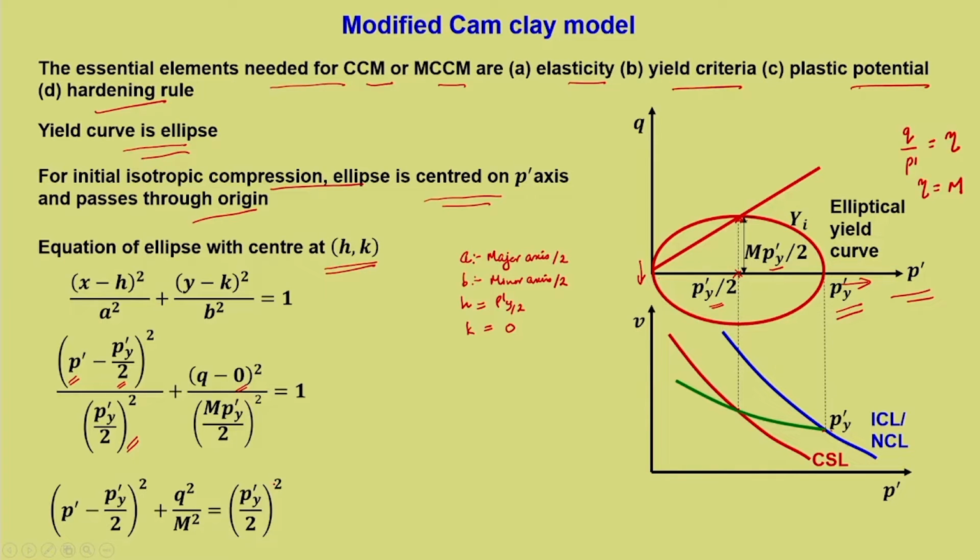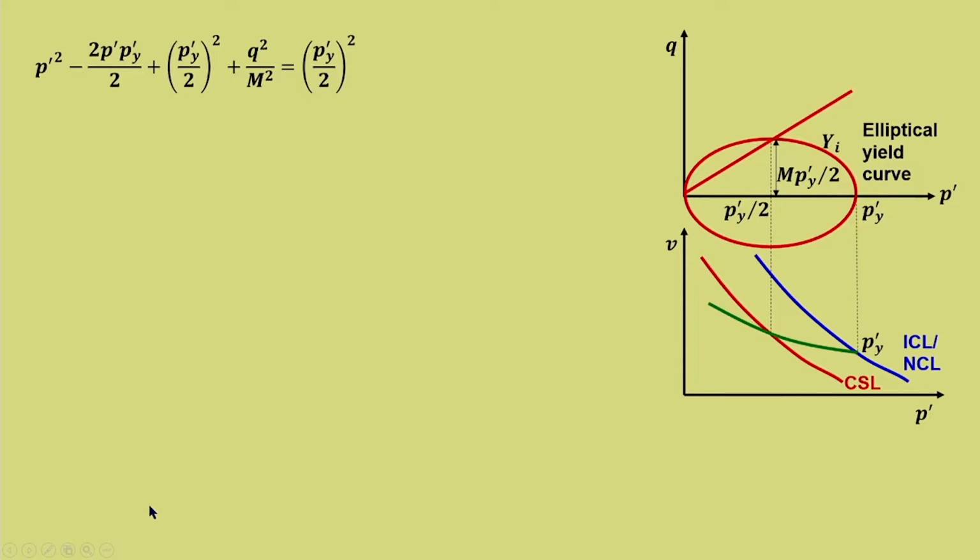If you expand the previous one, so expand this particular bracket. Then we will get p dash square minus 2 p dash y by 2 plus p dash y by 2 whole square plus q square by m square equal to p dash y by 2 the whole square. So, this goes on this side and that will become 0.